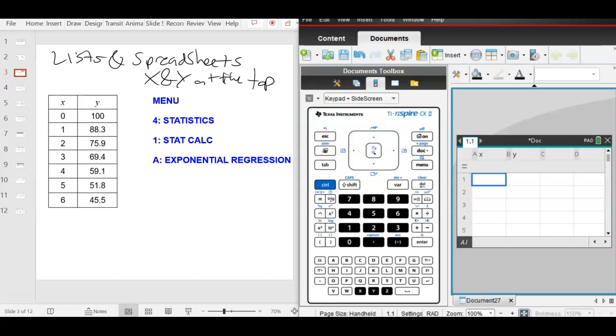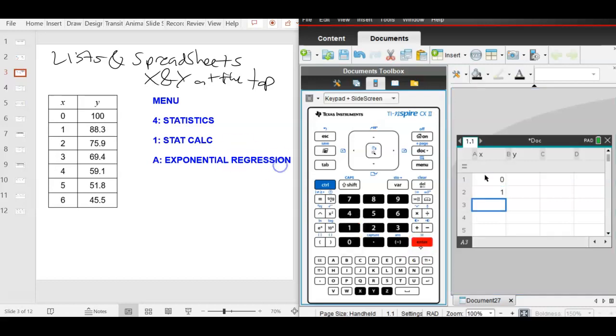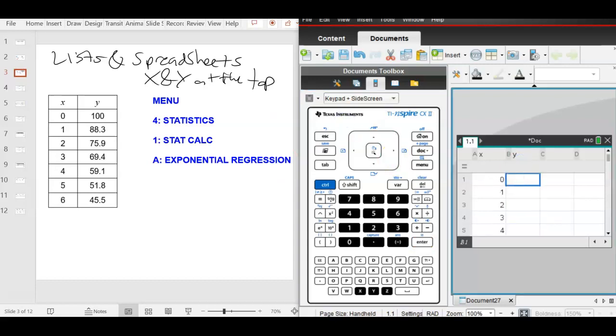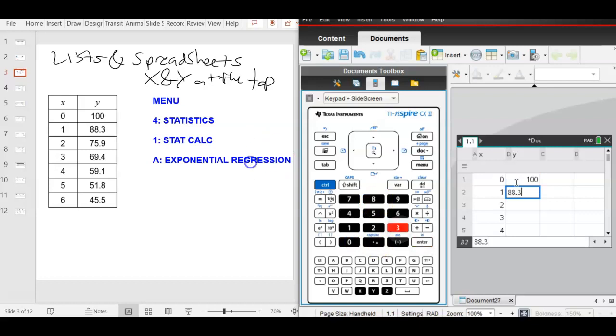I'm going to start tapping this in. Here we go. Now, right here it tells you what buttons to press.